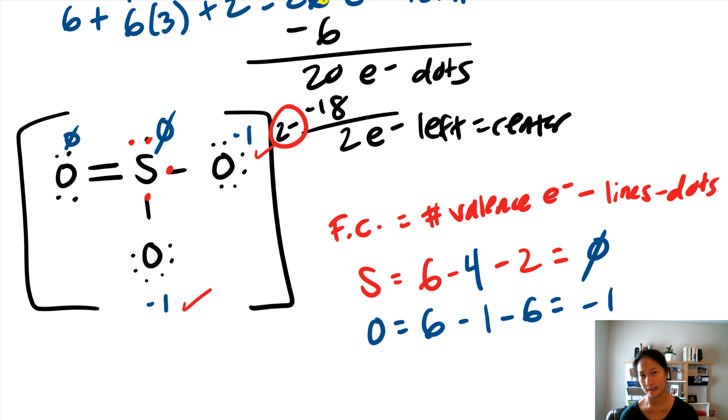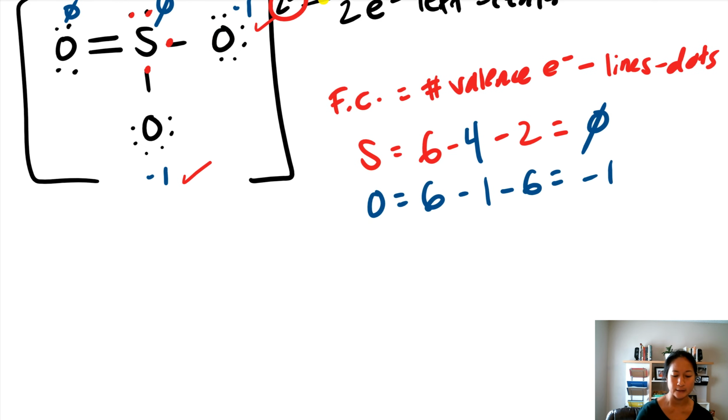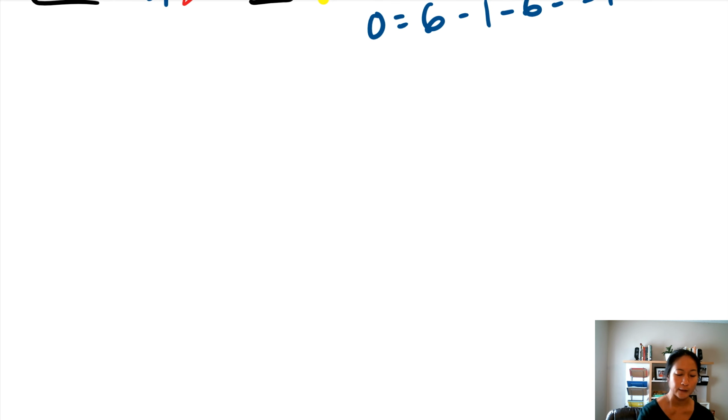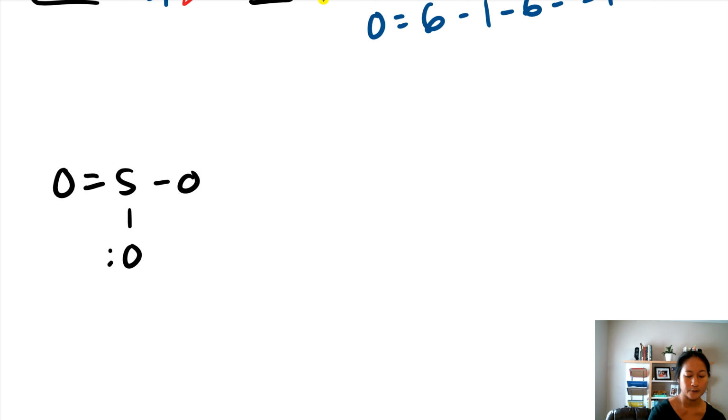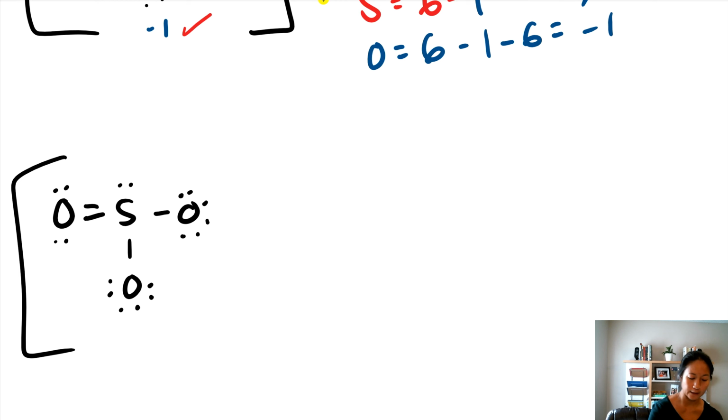This is the best answer. So I'm just going to clean it up a bit because things got a little messy here. So your final answer is going to want to be oxygen, double bonded to sulfur, and then those single bonds. Okay, with square brackets around because it has an overall charge of 2 minus.